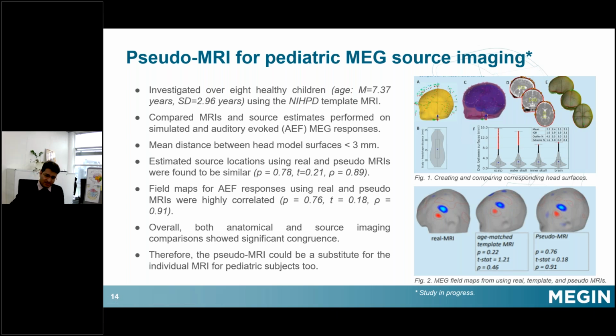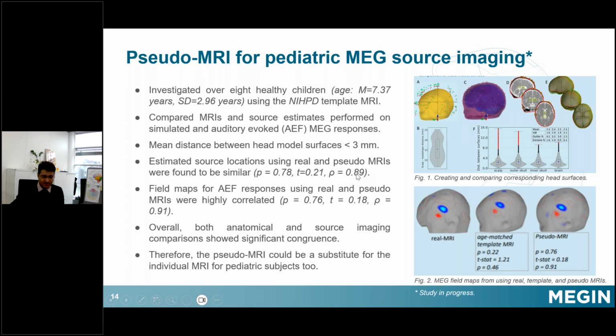In other tests, we also tested the pseudo-MRI for other applications, for example, in pediatric source imaging. And we found almost a similar result. For example, here you can see the source location estimate when we compared with the simulated data.